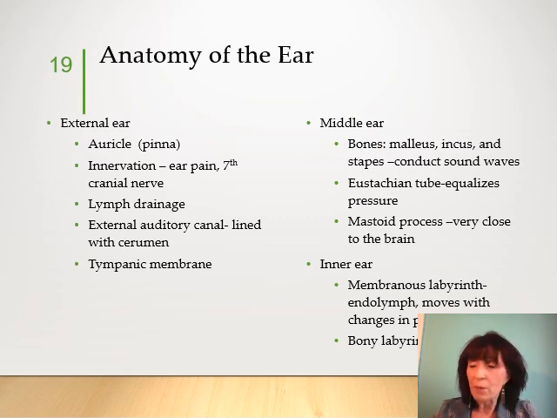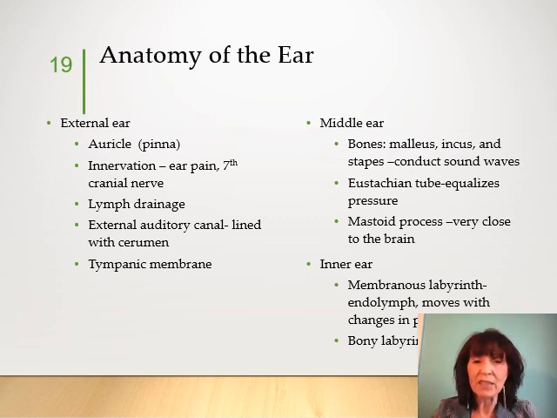The tympanic membrane, as I was saying, at the end of the external auditory canal, vibrates. Tympany, like a drum. The middle ear has bones. They're little teeny bones. They're really ossicles. The malleus or hammer. The incus, which is the anvil that is hit by the hammer.